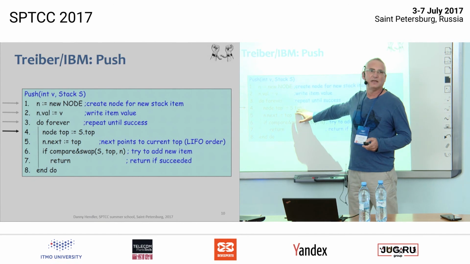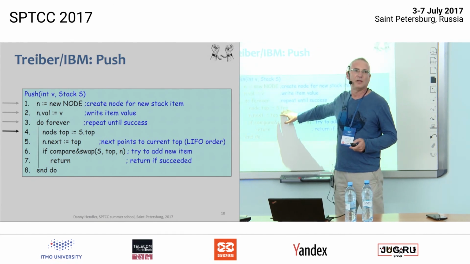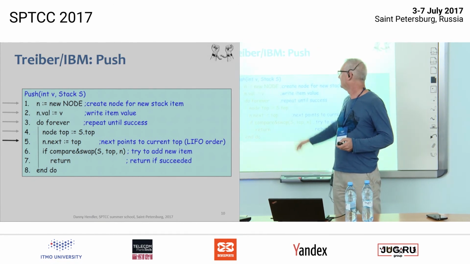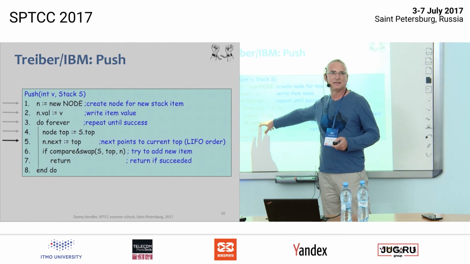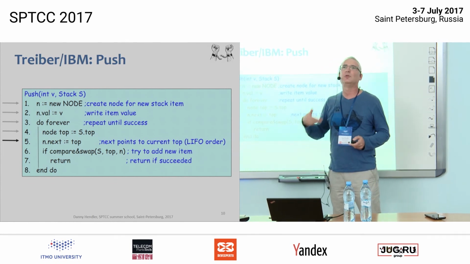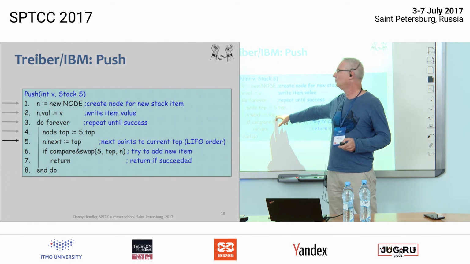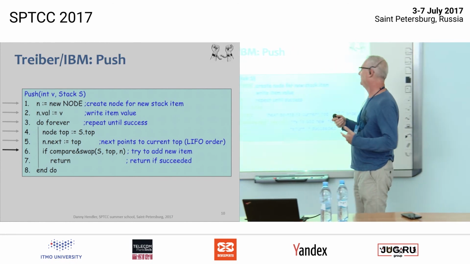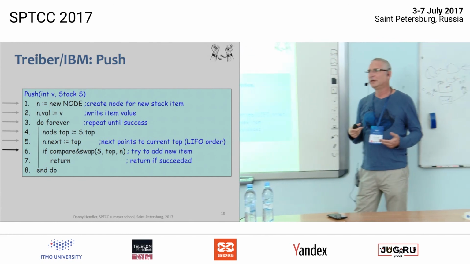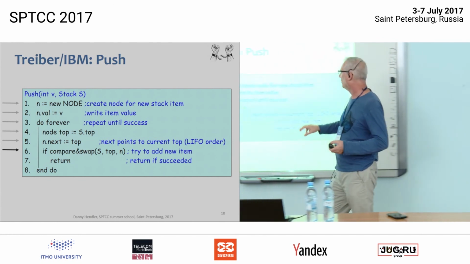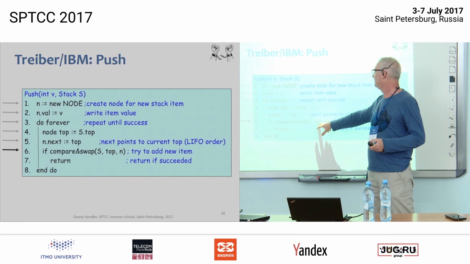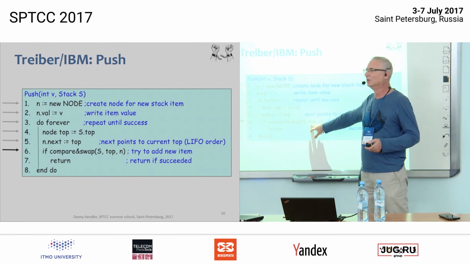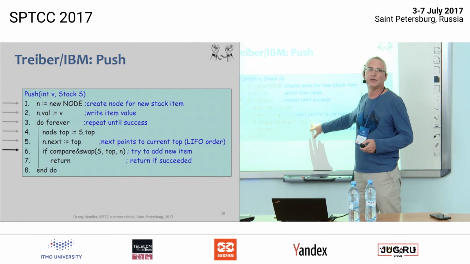First, we read the current value of the top pointer. Then we set the next pointer in the node that we created to point to the current top. And finally, we do a compare and swap that atomically tries to swap the value of S from the previous value to the new node that we created.